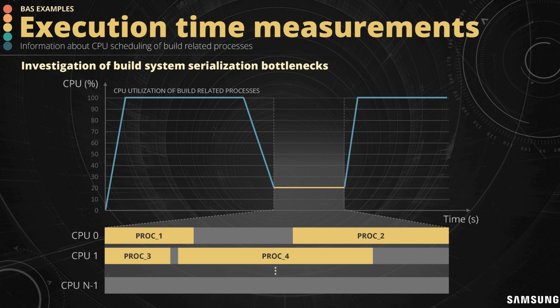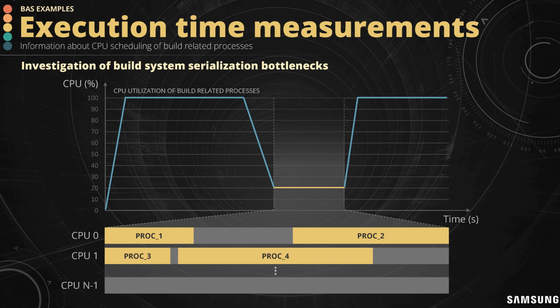Next, we can check if there are any suspicious periods in our timeline, like timeframes with very low CPU utilization. Inspecting the timeframe will get us information about all processes that were running in a given period of time, and which CPU was used to serve events of each process.